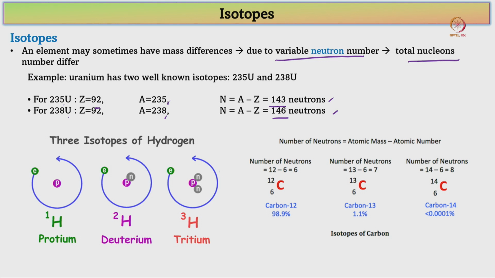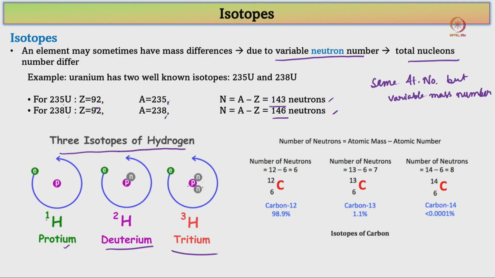Isotopes are those which have the same atomic number but variable mass number. For instance, we have 3 isotopes of hydrogen. Hydrogen with mass 1 is called protium. Hydrogen with 1 proton and 1 neutron is called deuterium. Hydrogen with 1 proton and 2 neutrons is called tritium.